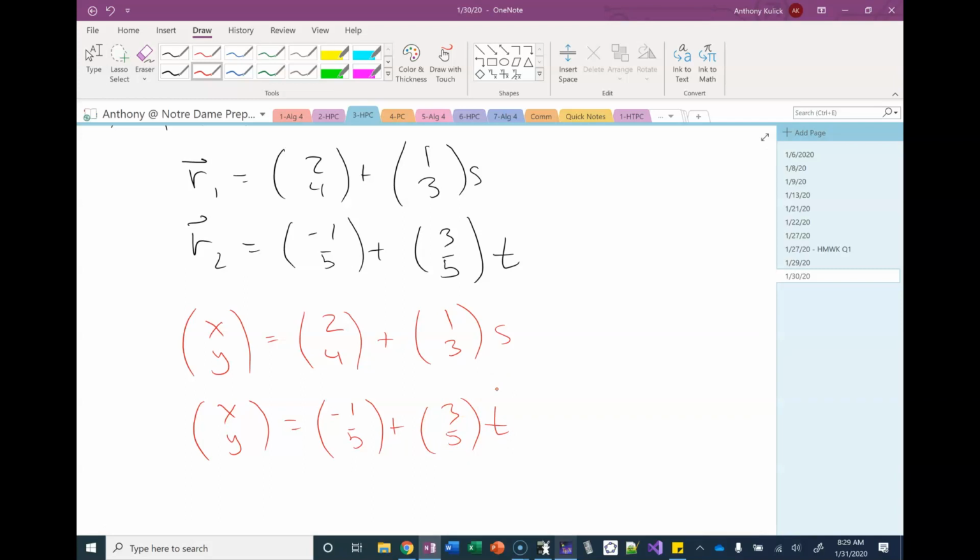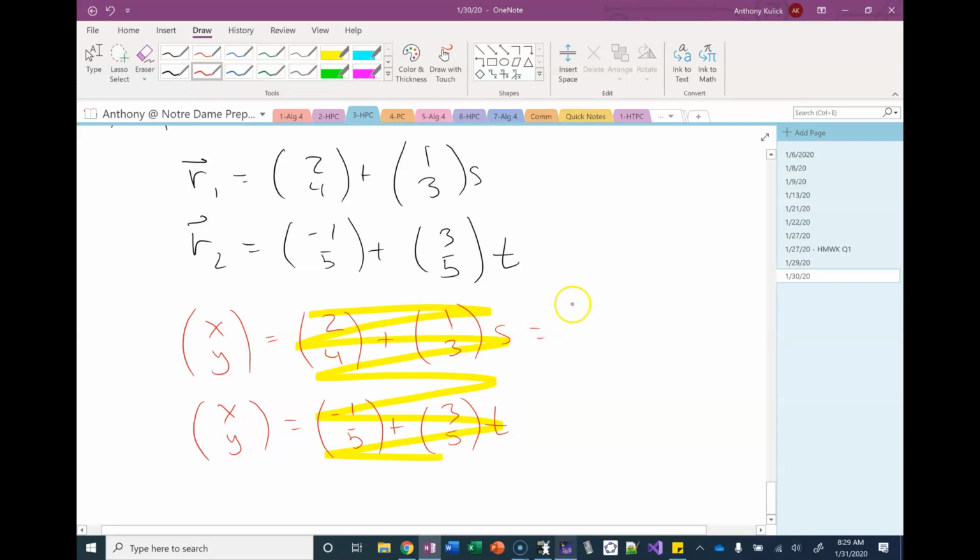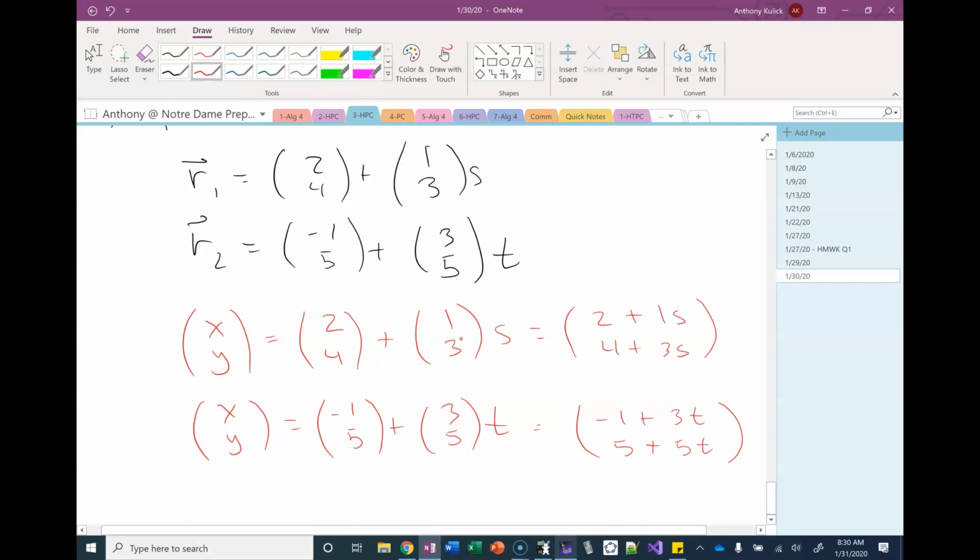And then I'm going to simplify these parts on the right-hand side. Is everybody okay with what I did there? Can we see what I did?